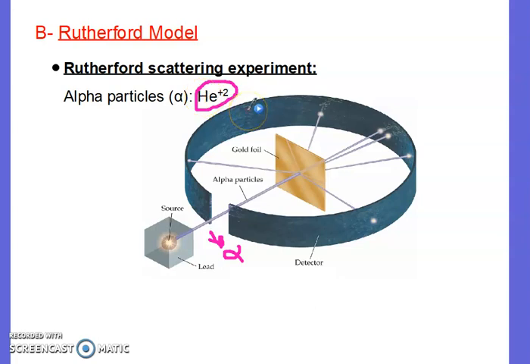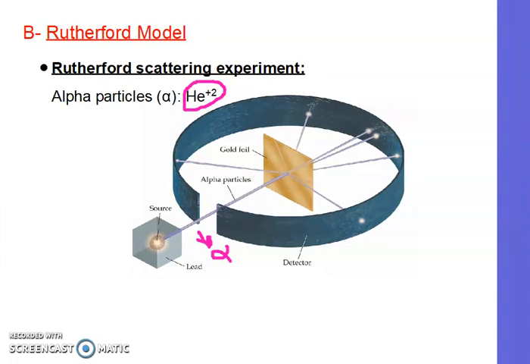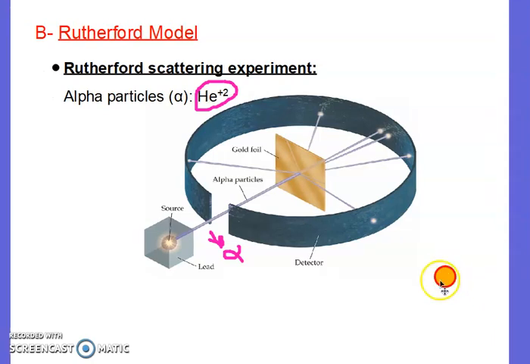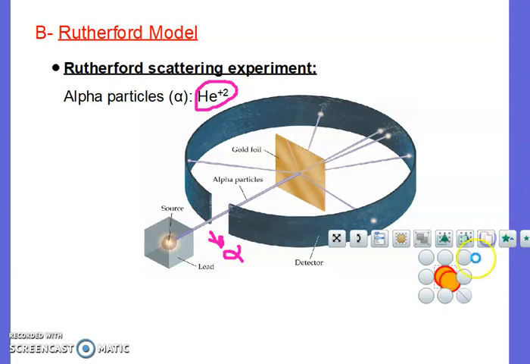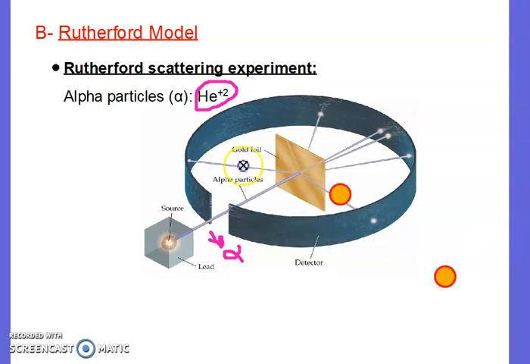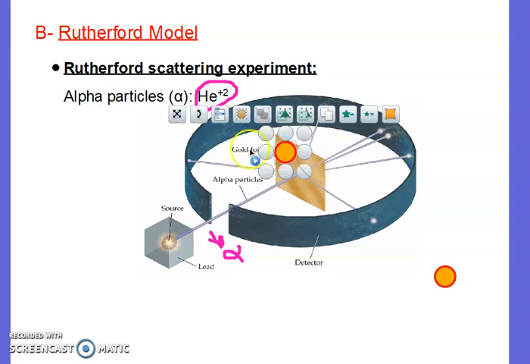So if we represent Thomson's model on this gold sheet, which represents positive particles, here is a positive sphere. Now this is a positive atom.